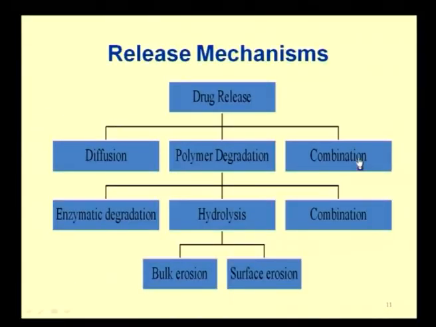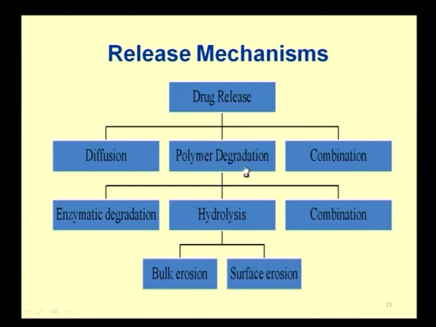So, this can also happen due to the degradation of the biodegradable polymer that is used as a cover or a carrier. The third type could also be a combination of both diffusion and the degradation of the polymer.